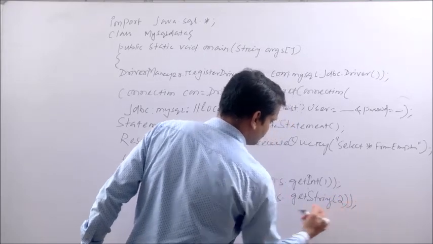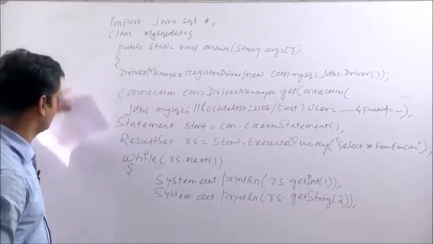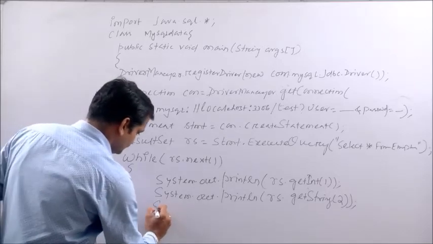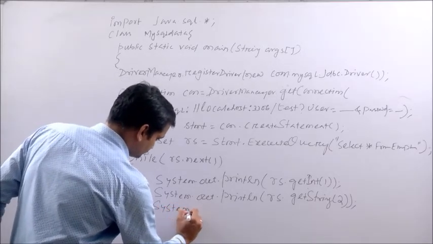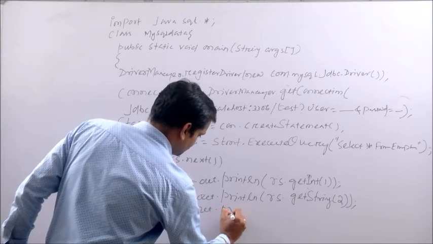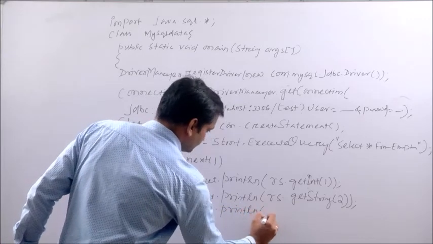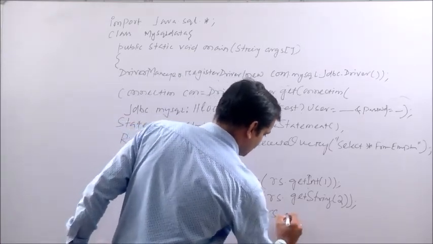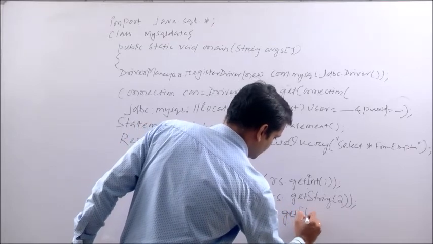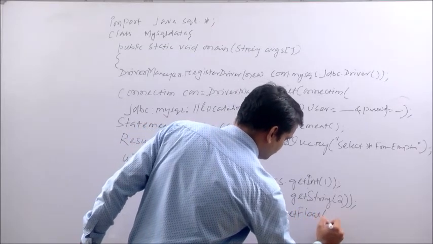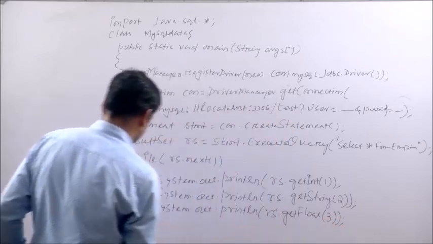You have to mention the column number. Then system.out.println, and rs is the result set object. The last one is a double type of value, and the column number is 3. So it is going to be this.